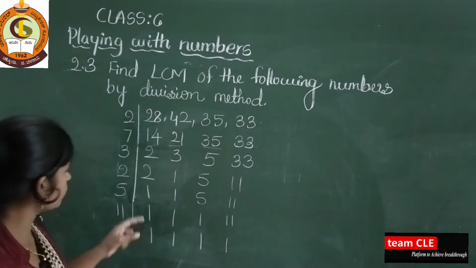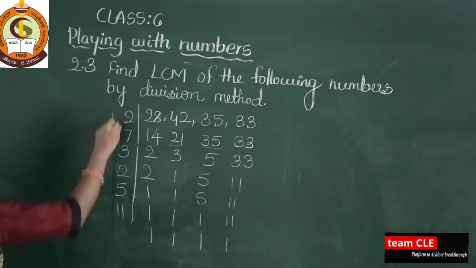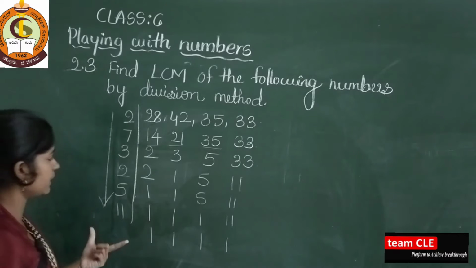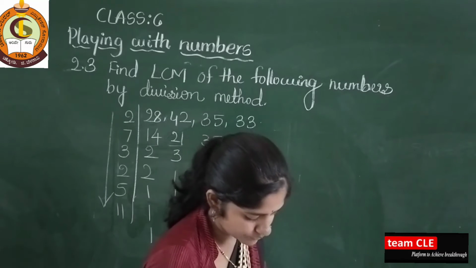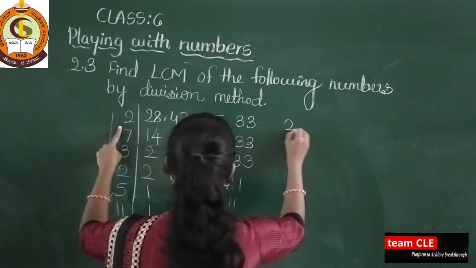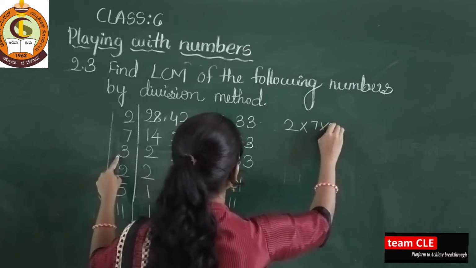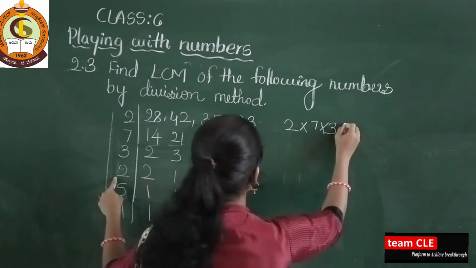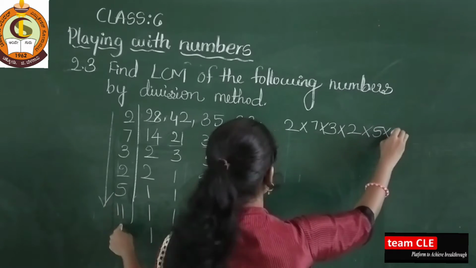Next what we need to do? We need to multiply all these numbers. See this vertical line, all the numbers there I need to multiply. So let us multiply 2 into 7 into 3, next 2, next 5, next 11.